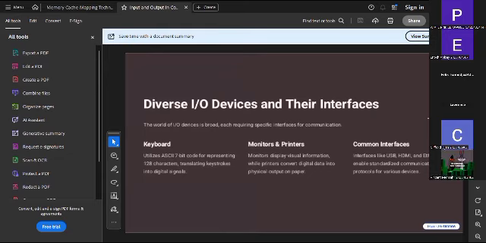Diverse input and output devices and their interfaces. The world of input and output devices is broad, each requiring specific interfaces for communication. The keyboard utilizes ASCII 7-bit code for representing 128 characters, translating keystrokes into digital signals.